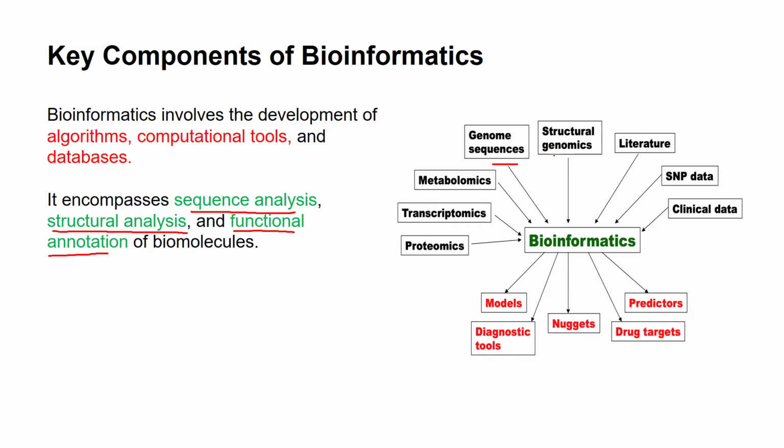And also bioinformatics helps in proteomics, transcriptomics, and metabolomics. So these are some of the important areas that bioinformatics can help you to understand. It can help you in the omics approach, which includes genomics, proteomics, transcriptomics, and metabolomics.